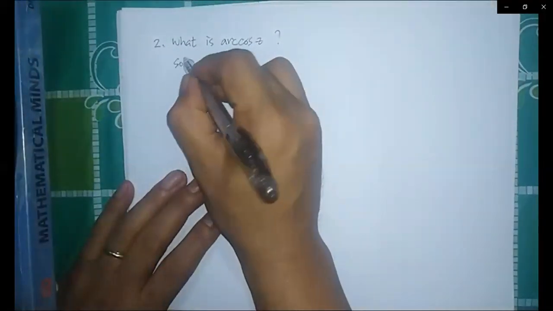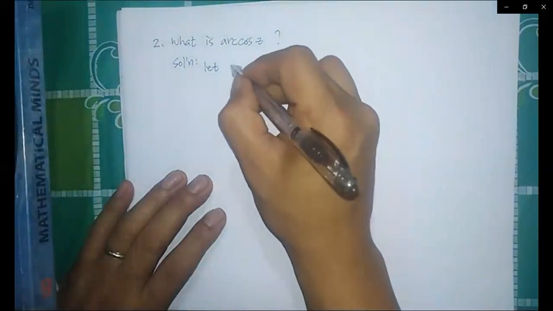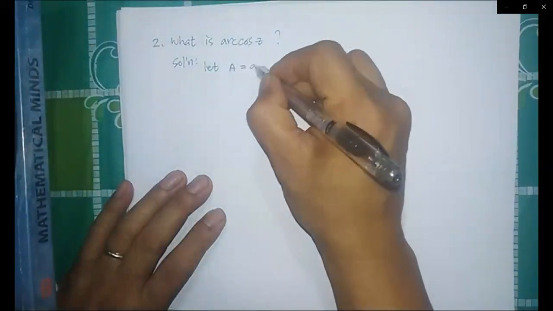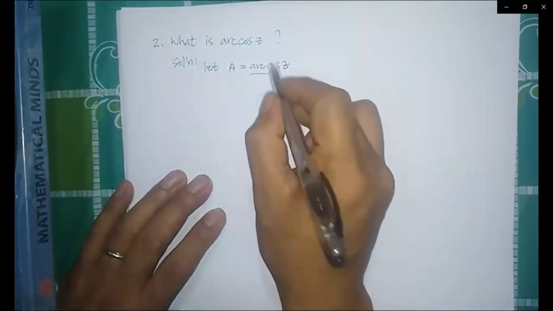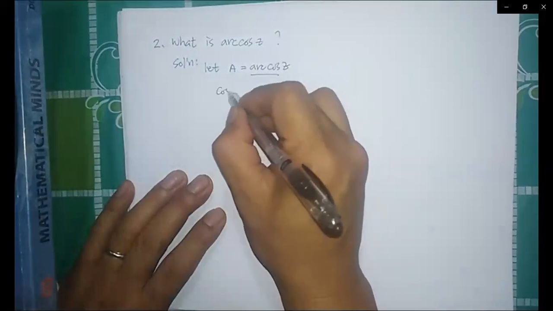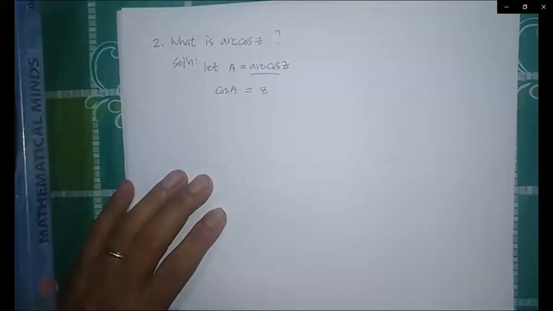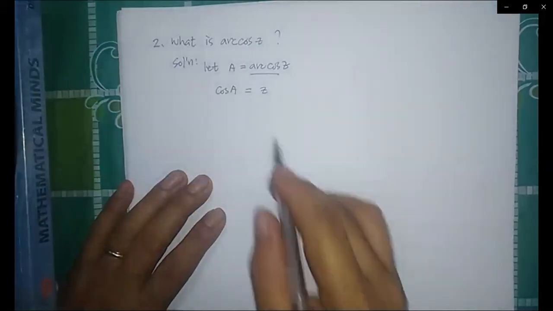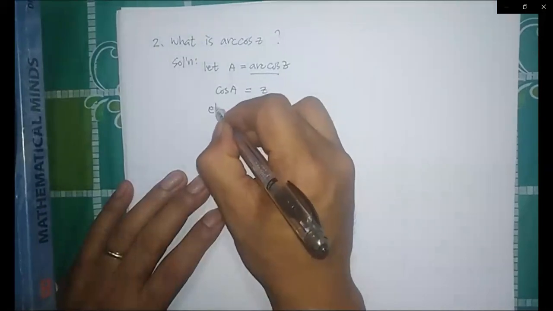We will start our solution by letting the variable a equal to the arc cosine of z. Take note, if we transpose arc cosine to the other side of the equation, it becomes cosine, and the variable remaining on the right is z.